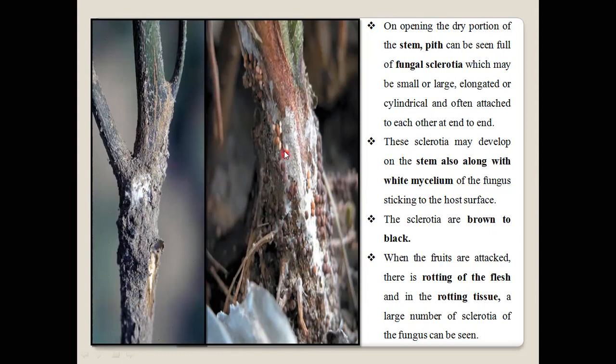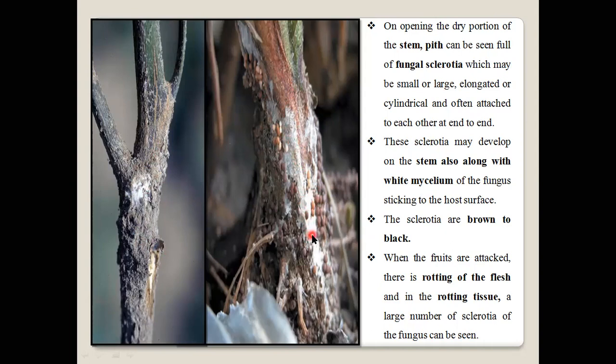Sclerotia are hard, compact, brownish to blackish, mustard-sized bodies. Sclerotia are a modification of mycelia under unfavorable conditions, to withstand those conditions. So the infected stem and roots finally rot. On the rotted surface of the stem and roots, sclerotia and whitish mats are seen.